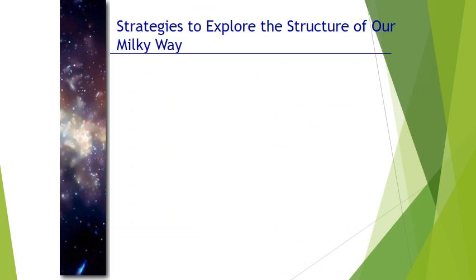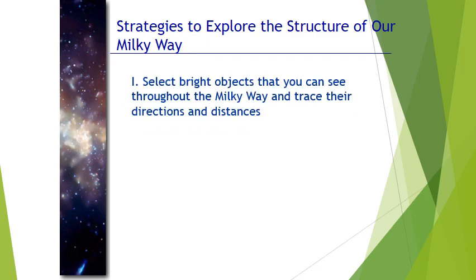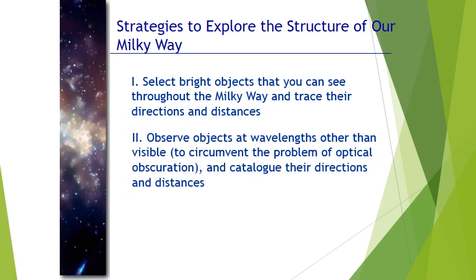So as I already mentioned, we don't have a selfie of the Milky Way galaxy. So how do we know what it looks like? Well, it's kind of like if you don't have an overall picture, but you can start to fill in some of the pieces, it starts to take shape. And that's the way essentially astronomers do it. They first of all try to find bright objects and use different techniques to determine the distance to those objects and their directions of motion.